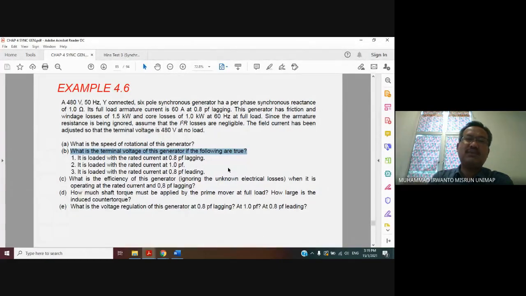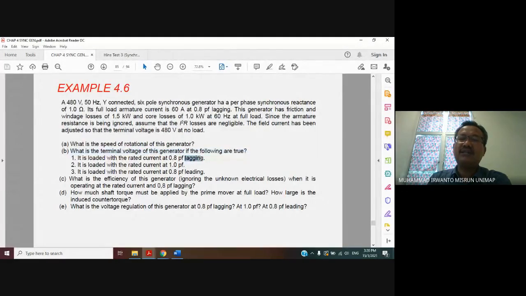The case is when loaded with rated current, the current remains 60 ampere here, but the difference is in the power factor: 0.8 lagging, 1, and 0.8 leading.